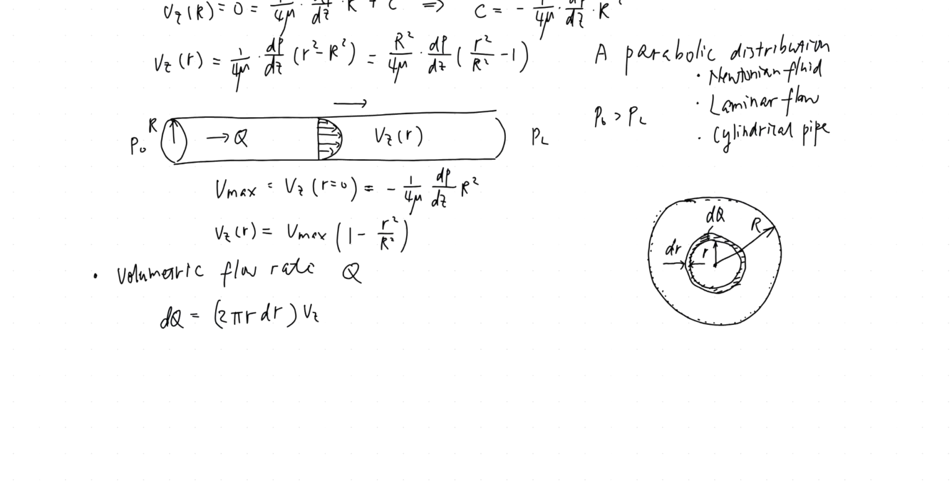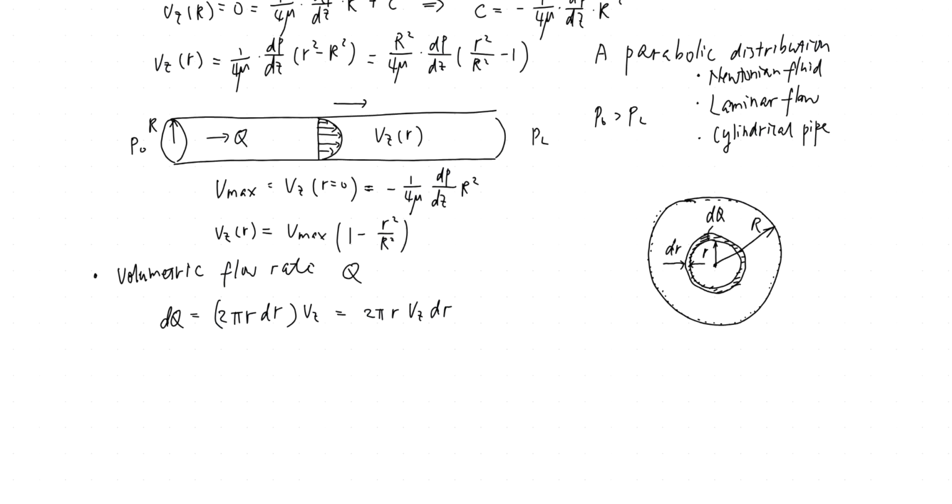The vz we just derived above is a quadratic equation. Let's rewrite it in a more suggestive way: dq = 2π r vz dr.